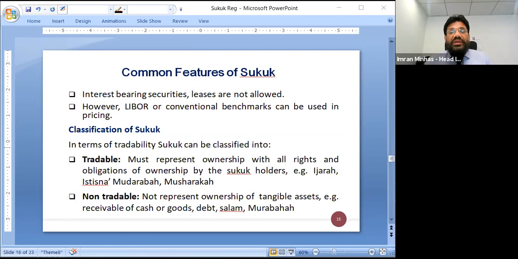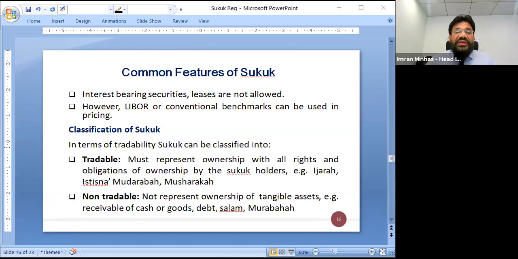But normally it doesn't prevail in the Sukuk market. So the manager issuing Sukuk must certify the transfer of ownership of such assets in the Sukuk books and must not keep them as his own asset.